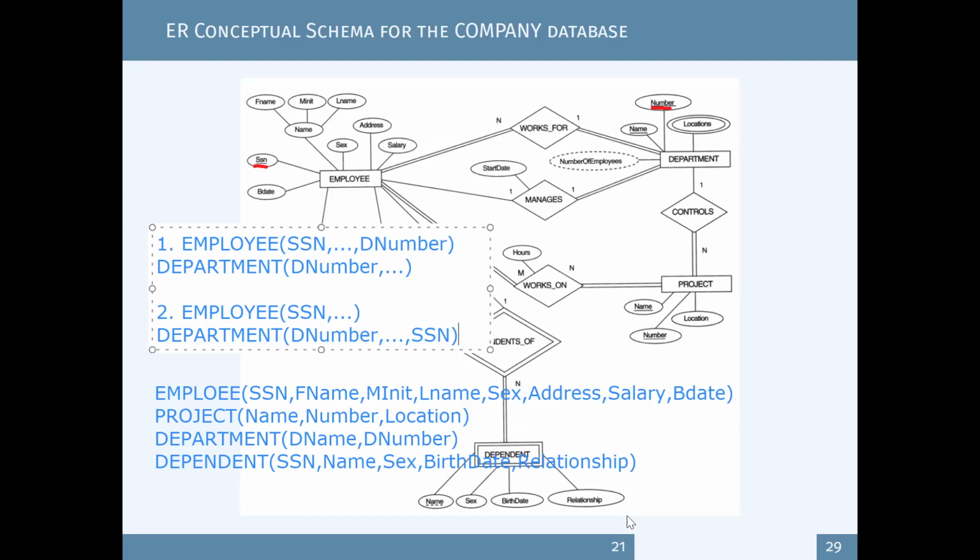Now, let me explain like this. Now, this means that some of the employees work as managers, right? So one way is you can create an attribute in the employee side. So that means if it is a table, you are going to have a department number.